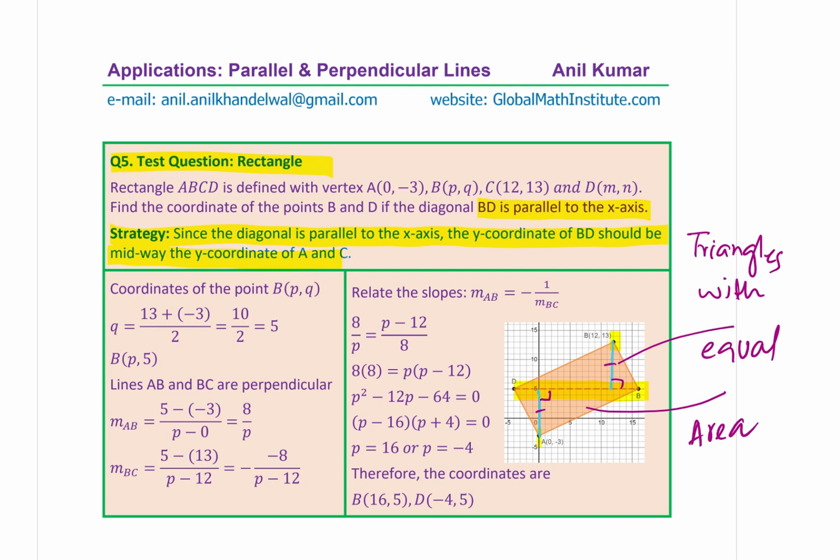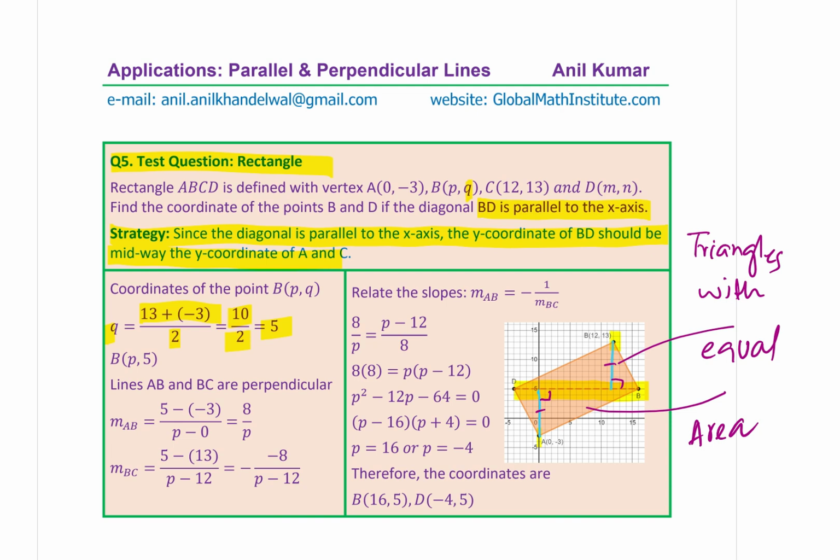Perfect. So that brings us to a straightforward solution to find the value of q, which is the y-coordinate of point B. So let's find the midpoint. The midpoint between 13 and -3 is to add them and divide by 2. So we get the value of q as 10 by 2, which is 5.